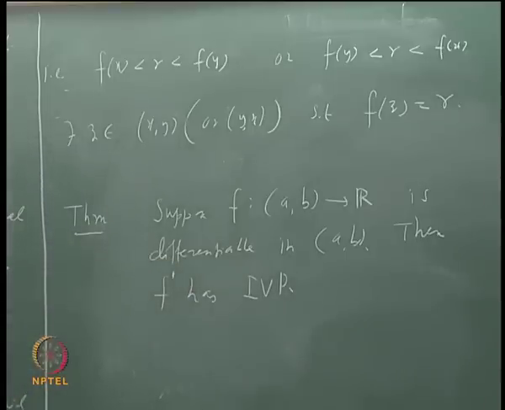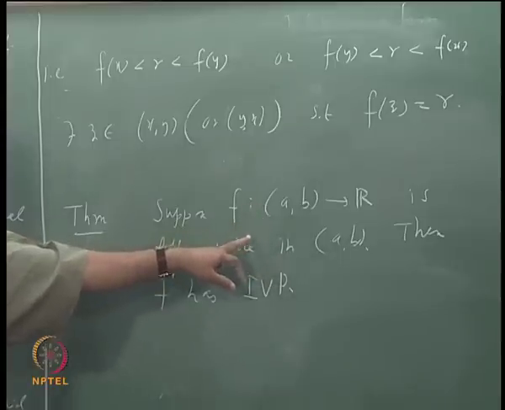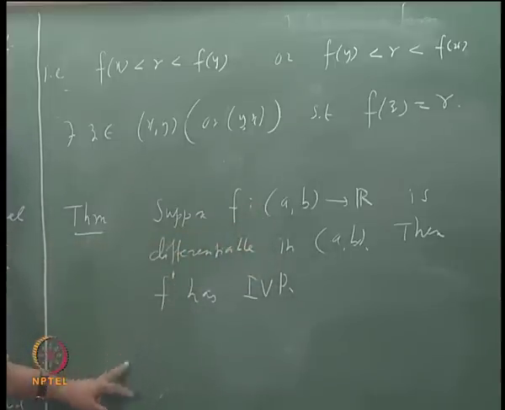F is differentiable in AB means f prime is defined as a function at all these points, okay, and that function f prime has intermediate value property, right.